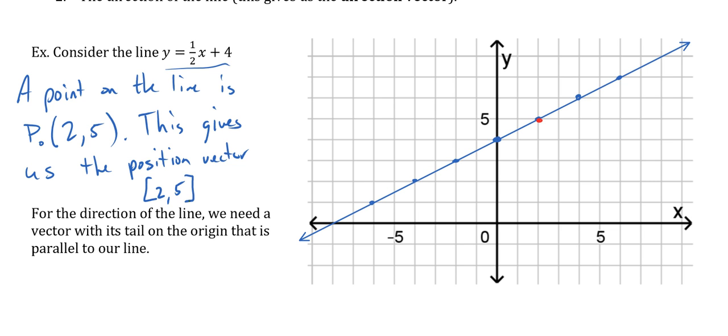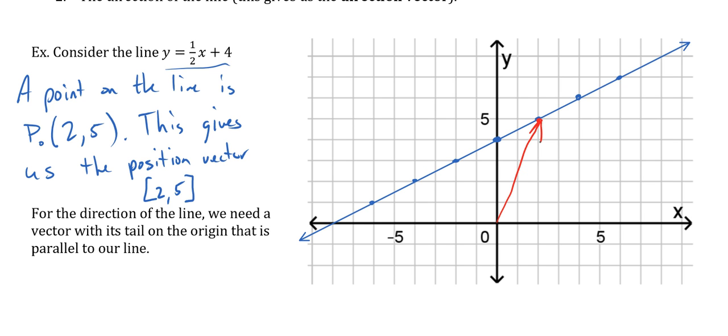2, 5, and make sure that when you're writing a vector that you use square brackets, because that's a notation, and that's really important. In the last unit we didn't probably have to worry about it as much, although notationally you do have to, but we got away with round brackets for vectors because we didn't talk a lot about points.